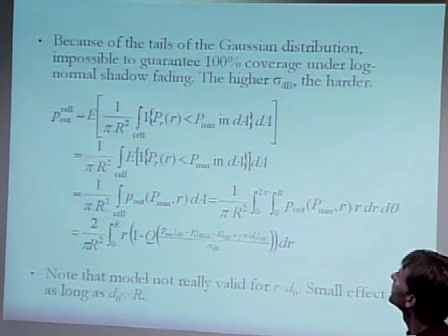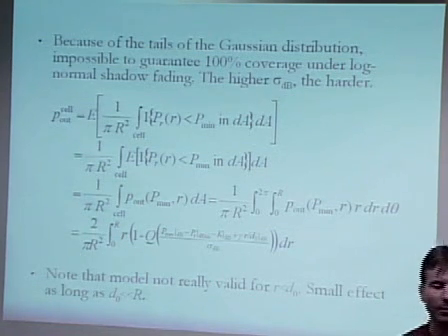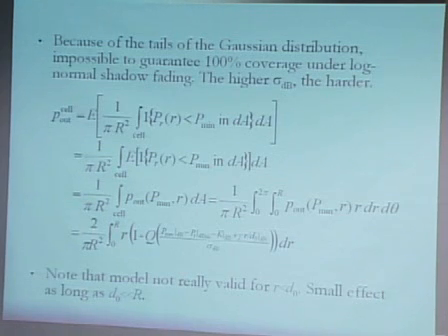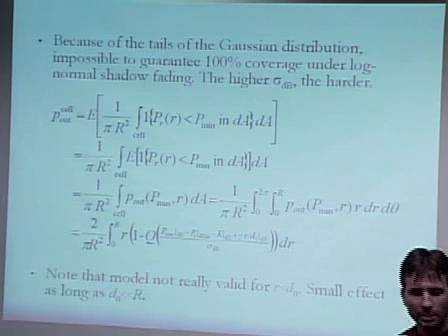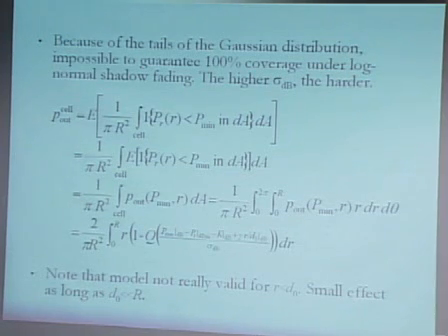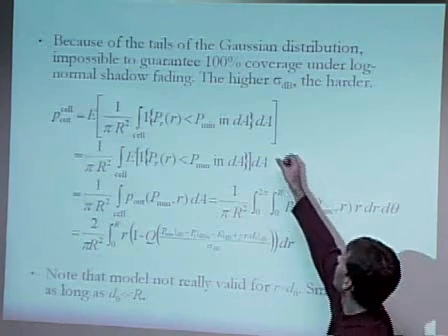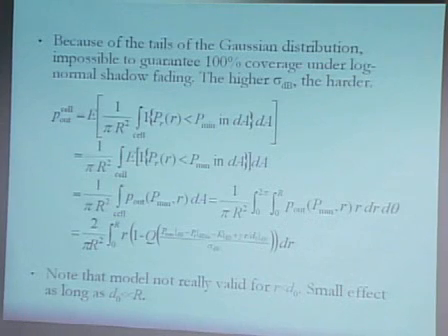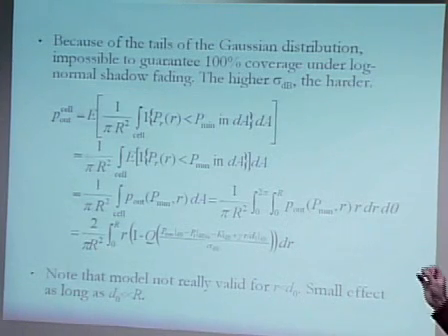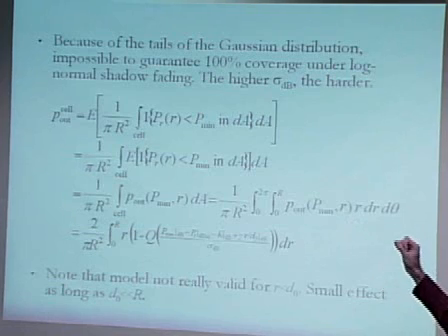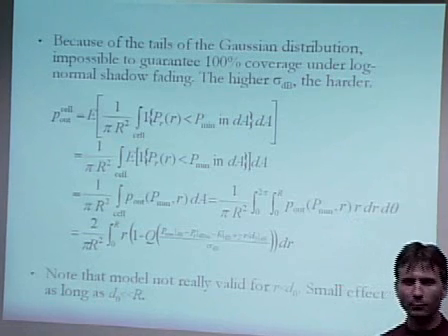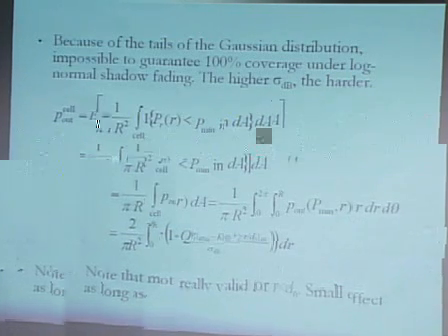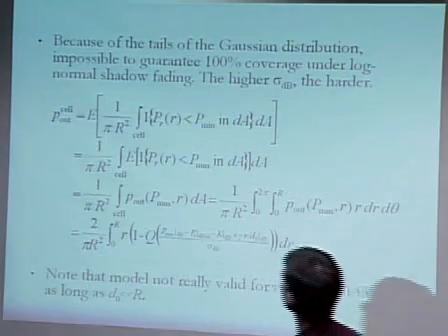The statement in brackets says that the received power at this point, dA, which is at distance r, is less than P min. So we're going to integrate over all these little areas in the circle, and we're going to count 1 on those that are in outage, those where the power is less than P min. And we're going to count 0 on those that are not in outage. And then we're going to divide by the area of the cell.